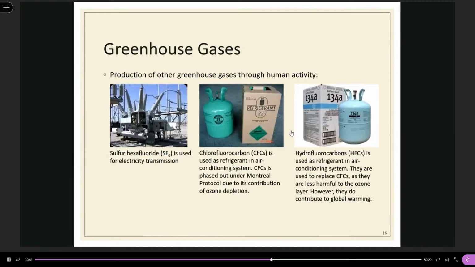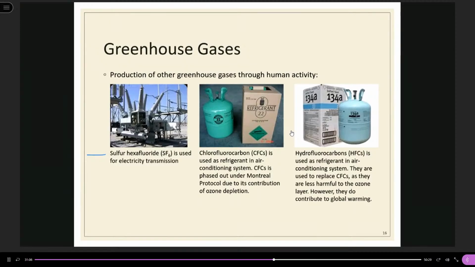And some others, like SF6, which is used for electricity transmission. So in the transformer, we have the SF6. And CFCs are used as refrigerant in the air conditioning system.